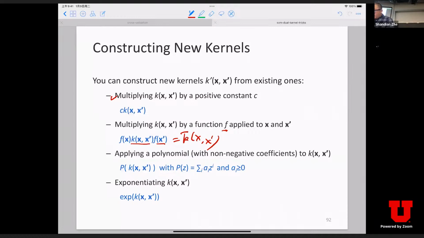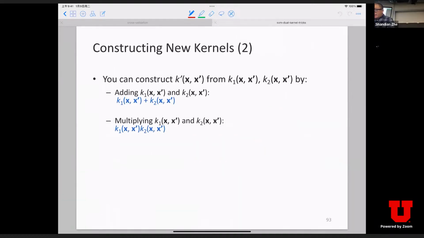If you apply a polynomial to a valid kernel, it will still give you a valid kernel. This is kind of like a nested design: you take one kernel function and throw it into a polynomial function, and you still obtain a valid kernel. Similarly, if you take the exponential of a kernel function, it's still a valid kernel.